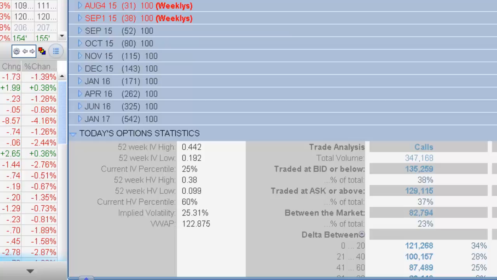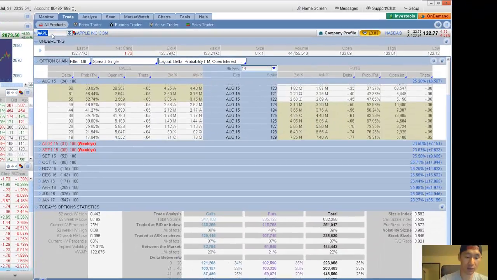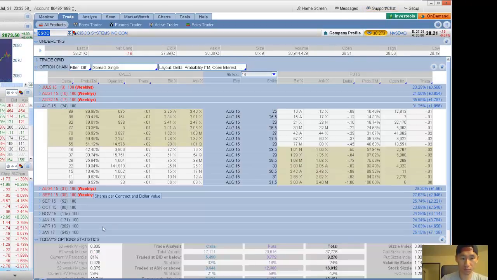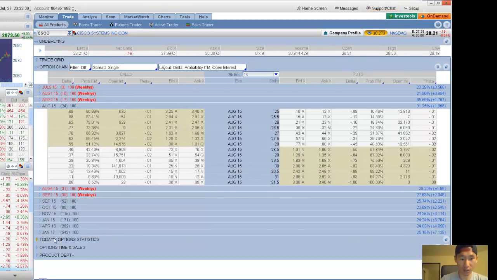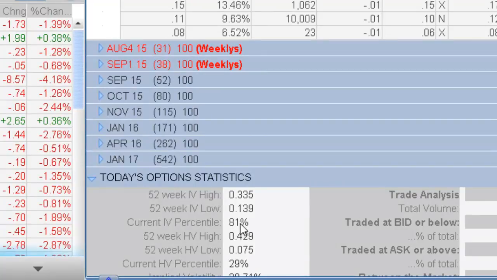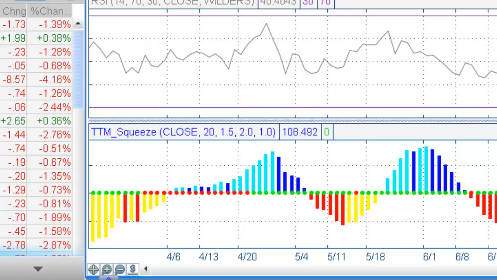We can also look at some other underlyings, let's say Cisco. So Cisco right now has a really high IV rank of 81%. It could be that they have earnings coming out, or if not, it could be they've just been in a bearish time.